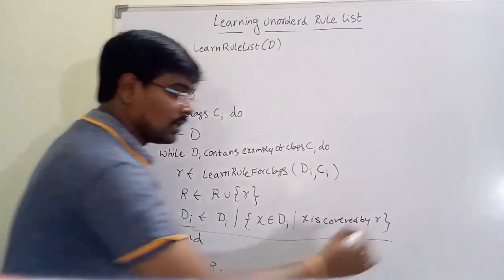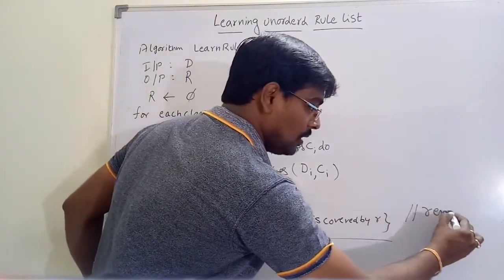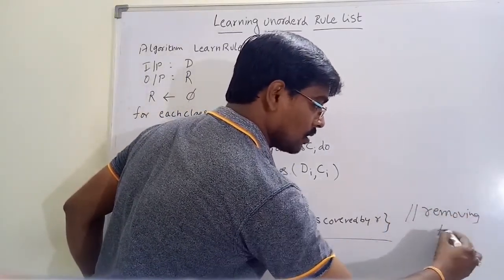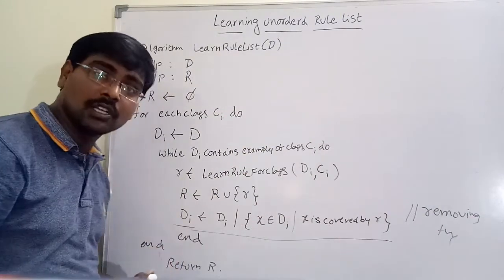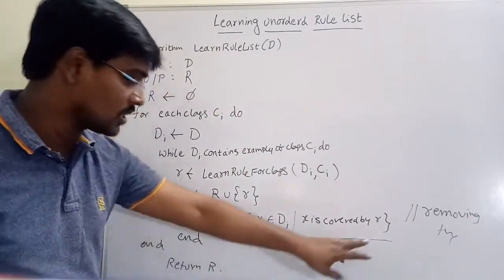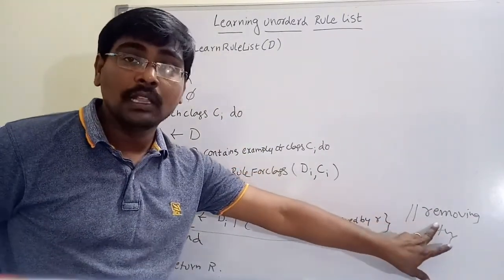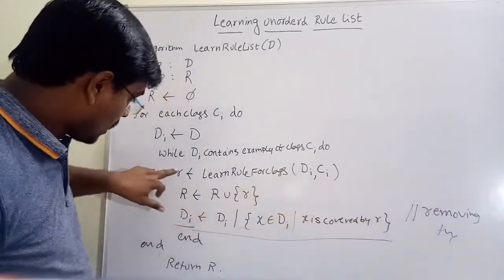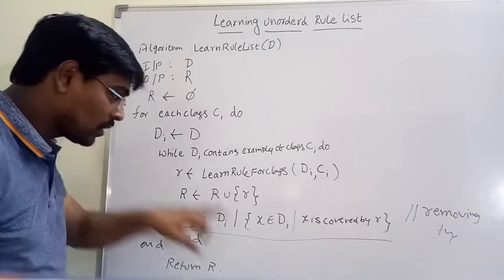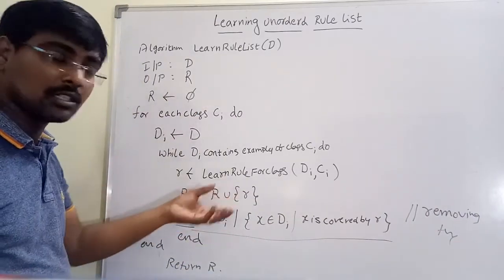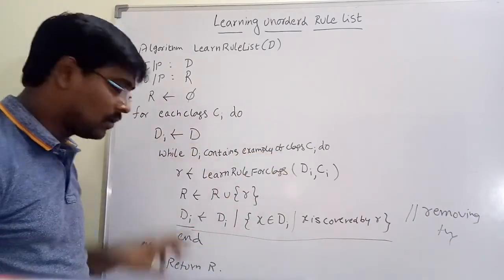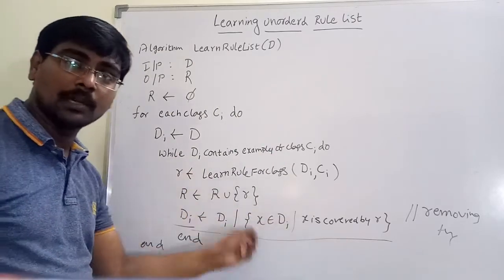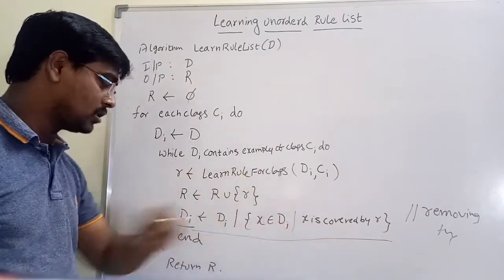Okay, this is the crucial step. What we are doing here is removing the positives. For example, my entire prediction is for positive examples. In this case, we are removing the positives. Removing the positives means the set of instances already covered by this rule are removed. In the next iteration, if some other rule covers some instances, those are removed. Step by step we are removing the positives.